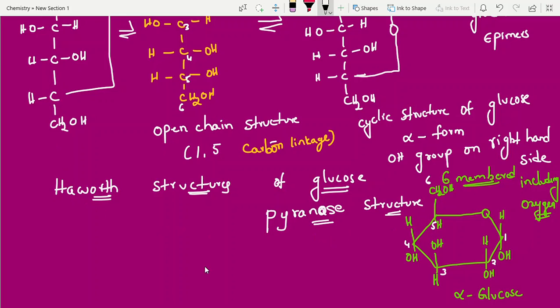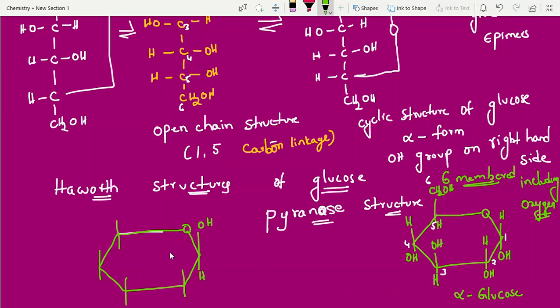Can you write the same beta form also? Beta form and alpha form, what is the difference? Only one carbon difference, right? Just opposite. OH up, H down.